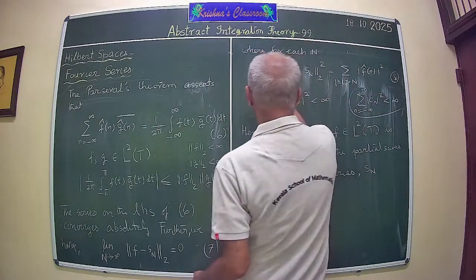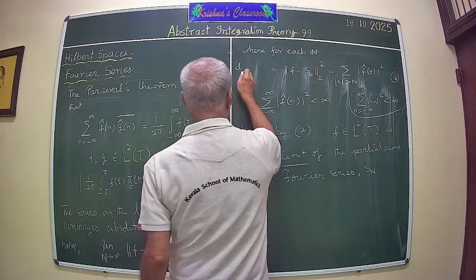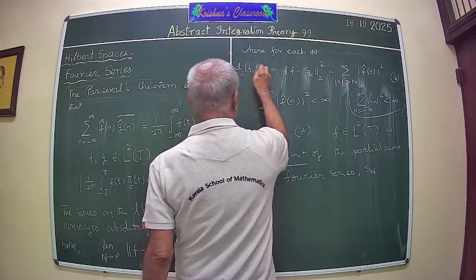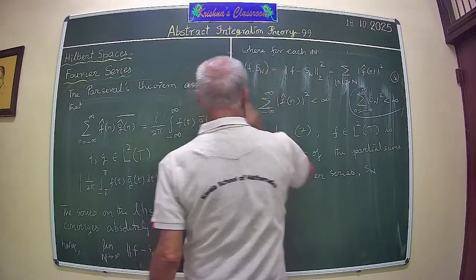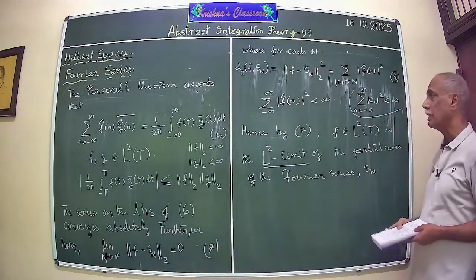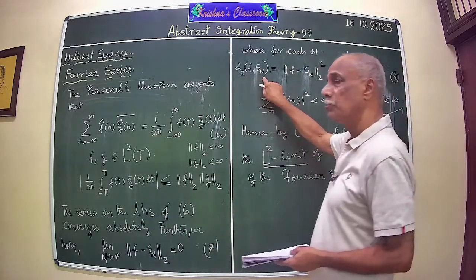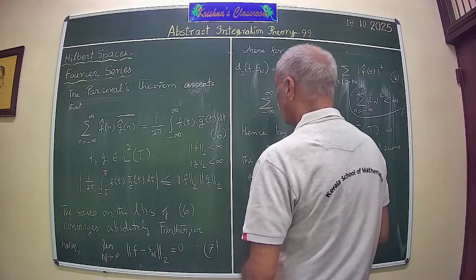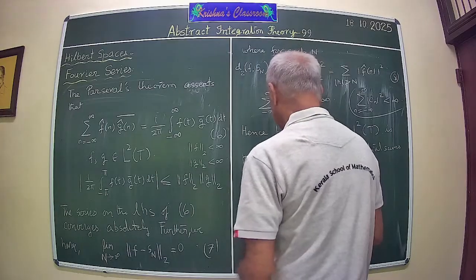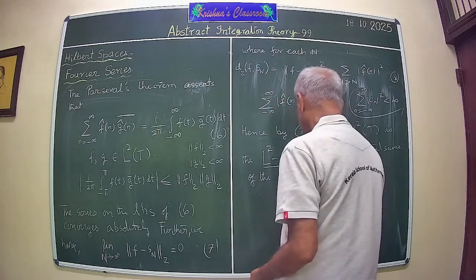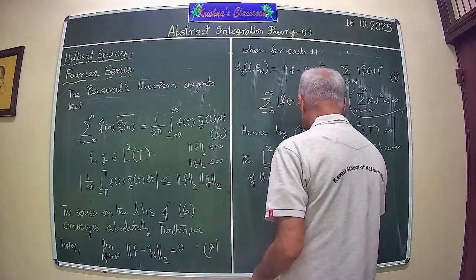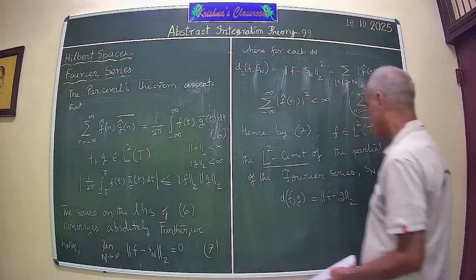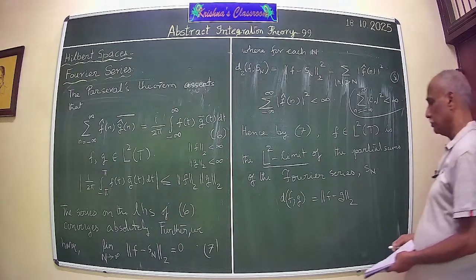Now, this is essentially the distance d2 of f. So that is the metric induced by the norm in L2, this d2 of f and g.